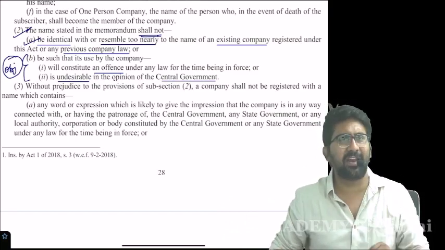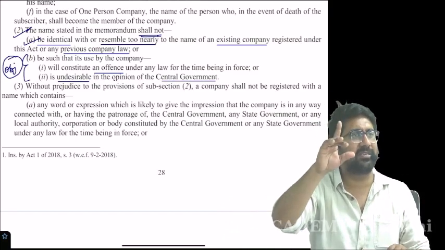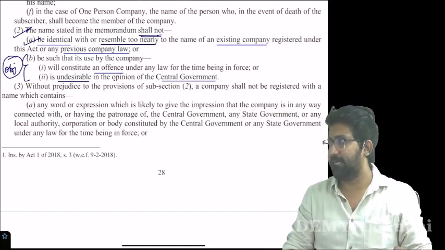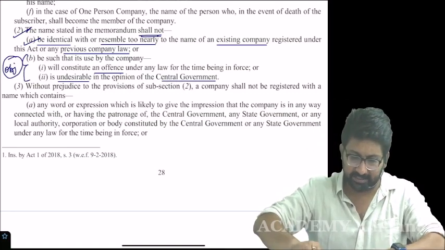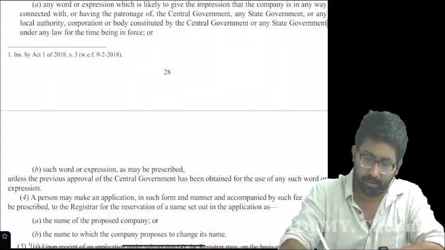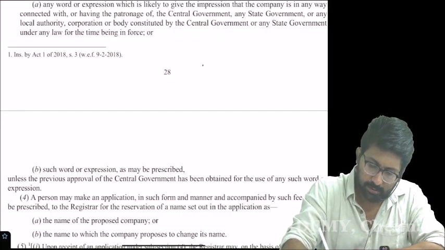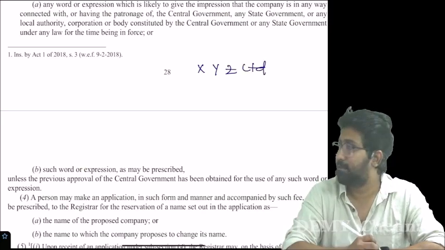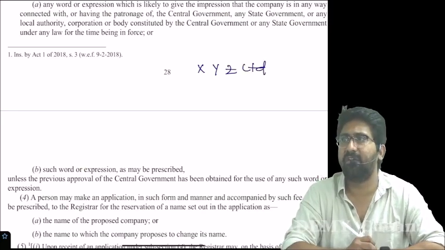Sir, the question will arise: how to understand this identical, too nearly resemble? Is there any example? Yes, I will give you 2-3 examples. Please read this, everyone in the class.